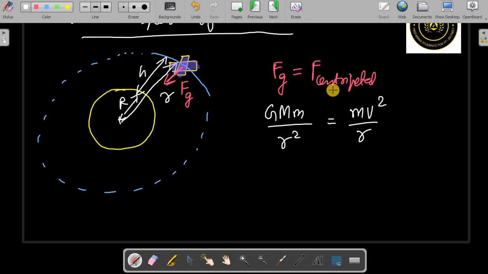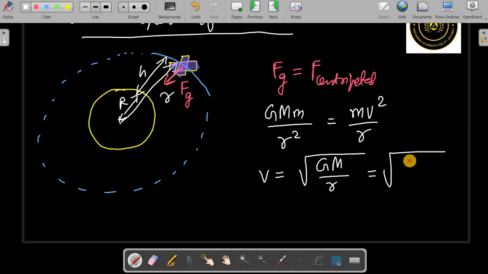After we cancel, the v we get is root under GM by r. For small m, it cancels. This can also be written as root of small g into r. Here g is not the acceleration due to gravity at the surface. It is at that height, where g is equal to GM by r square, at that location of the orbit. This is the orbital speed.